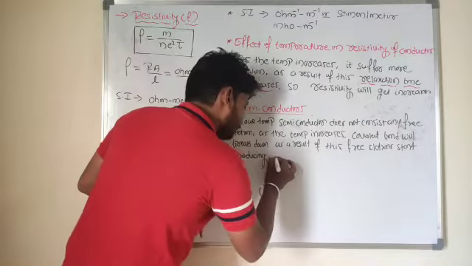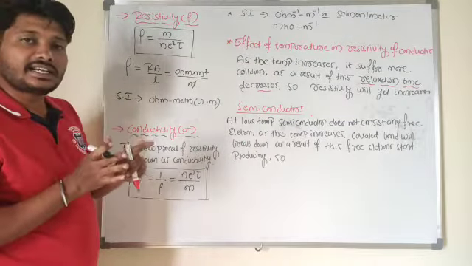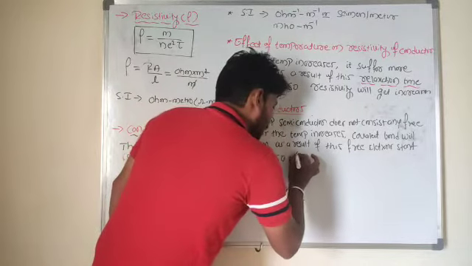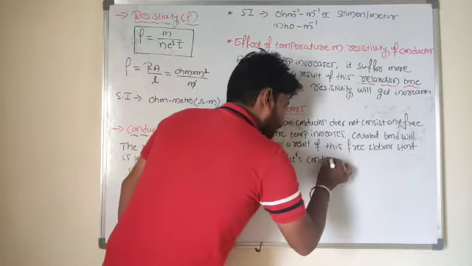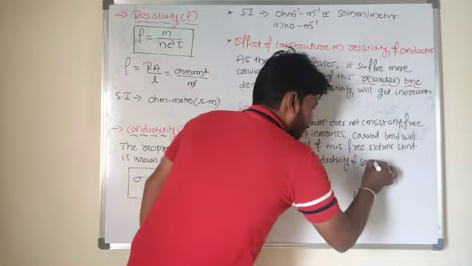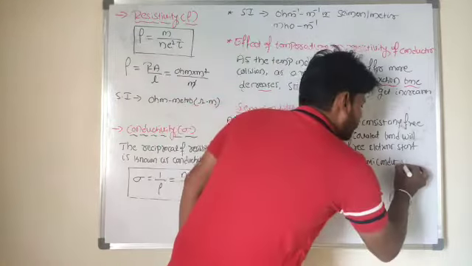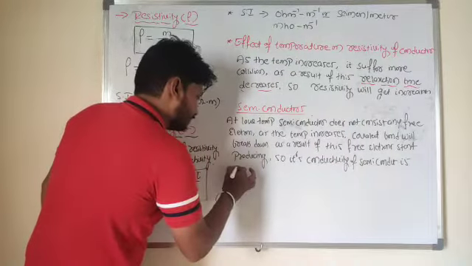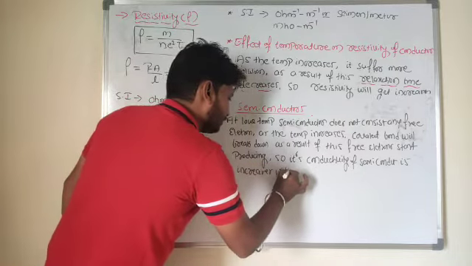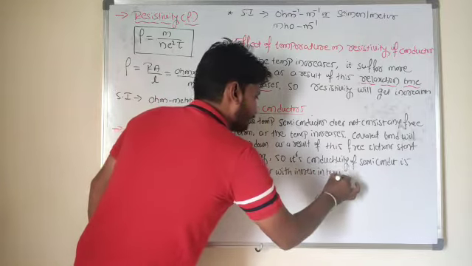So as the free electrons increase, its conductivity will increase. So the conductivity of a semiconductor increases with an increase in temperature.